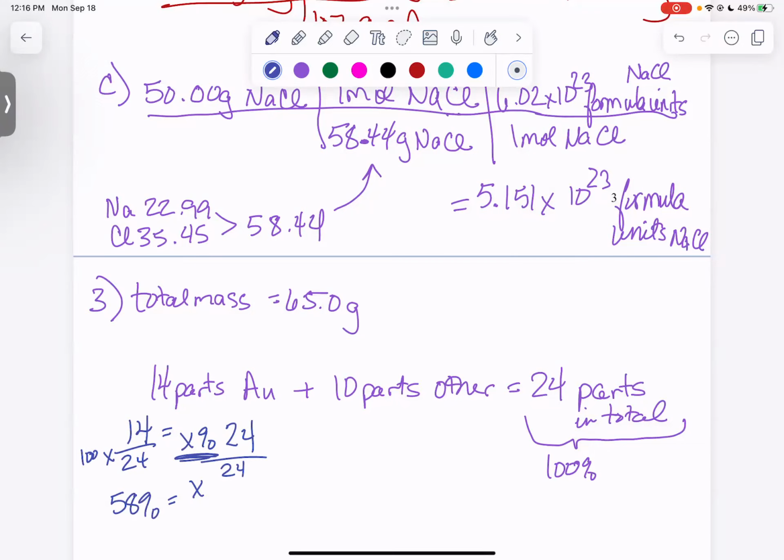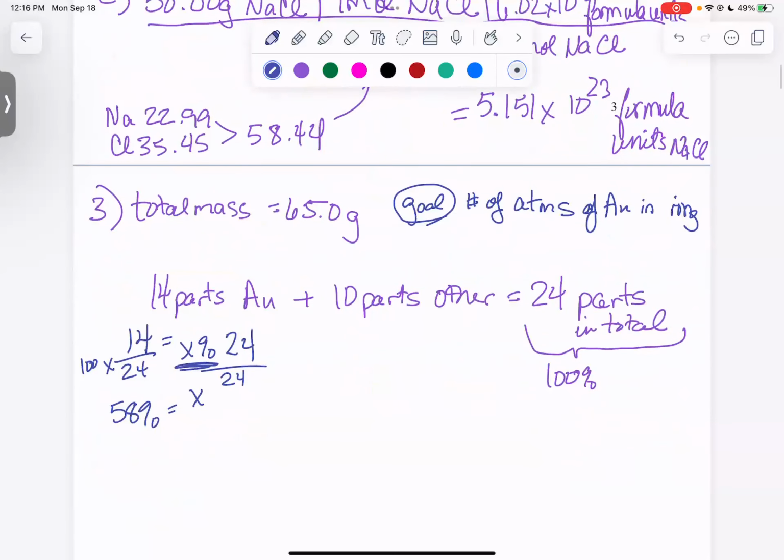But we weren't asked what percent, we were asked how many atoms. The goal is number of atoms of gold in the ring. Okay, so what I can then go is say 58% of 65 grams is equal to 38 grams.